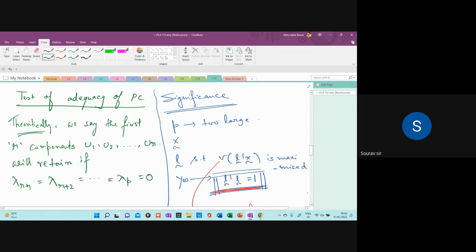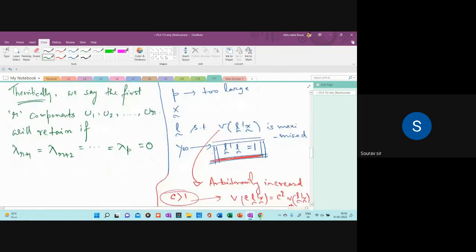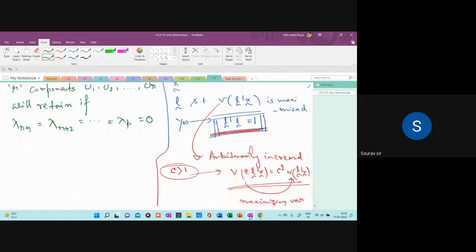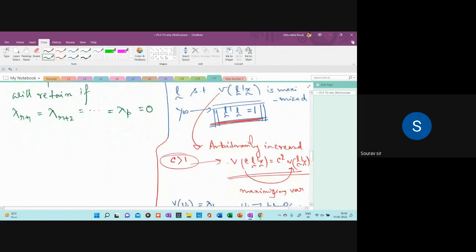That means after the r components onwards, all the eigenvalues are basically 0. So basically we are trying to say that from r onwards, all the eigenvalues will be 0. For this reason, when we go for any software, we actually eliminate those eigenvalues which are exactly 0 or close to 0.